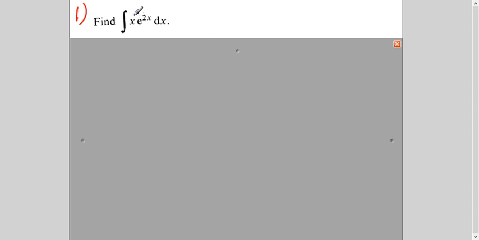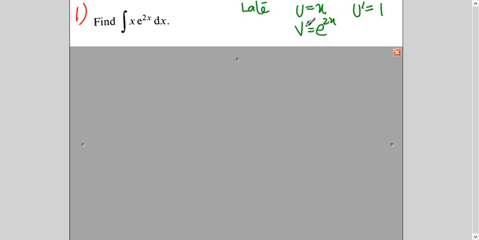If you see here and keep the word LATE in your mind, then you have exponential and polynomial. Polynomial has priority. So my u is x, and I will differentiate it because in the formula I need the differentiation of u. It will be 1. If I take v prime as e^(2x), then when I integrate it, v will be e^(2x) over 2.